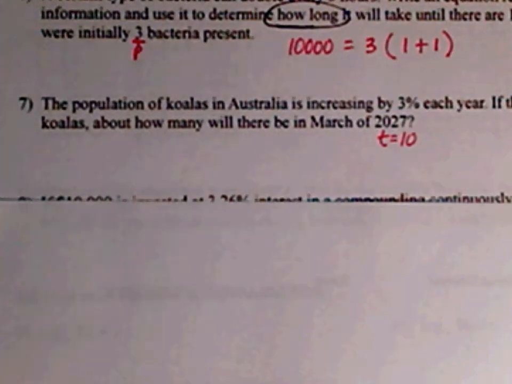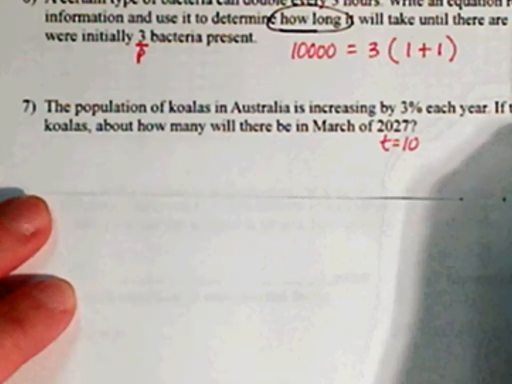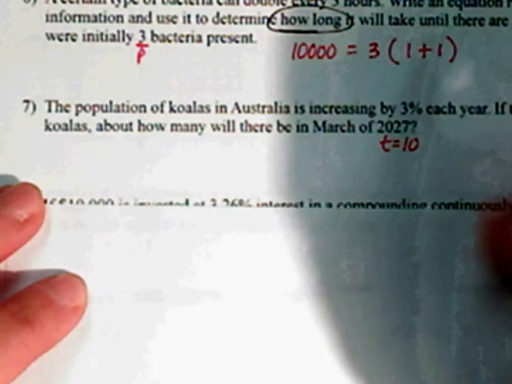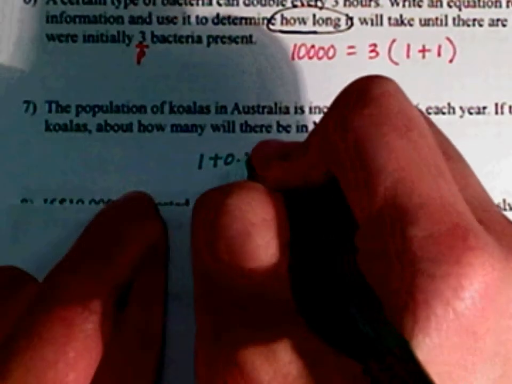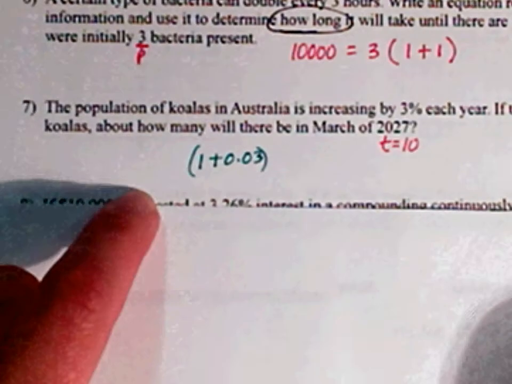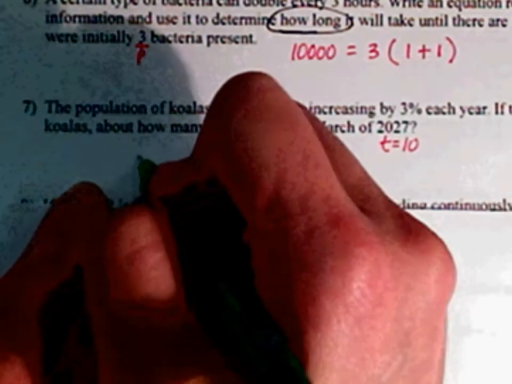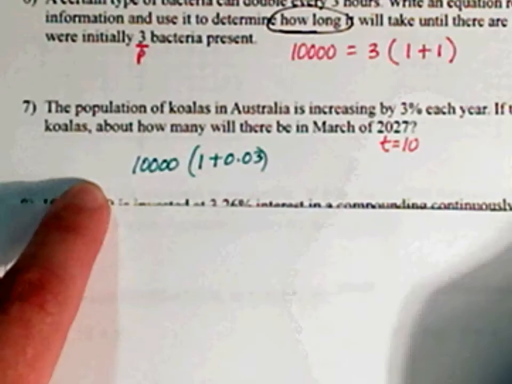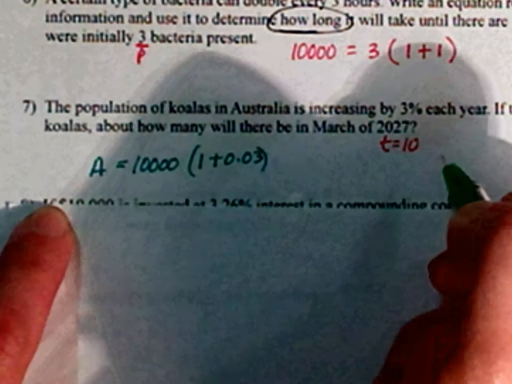I don't want to tell you wrong. The population is increasing by 3%. All right? So you got 1 plus 0.03. Okay? There are currently 10,000 koalas. That's what you're starting off with. How many will there be in March of 2027? So your T is equal to 10.